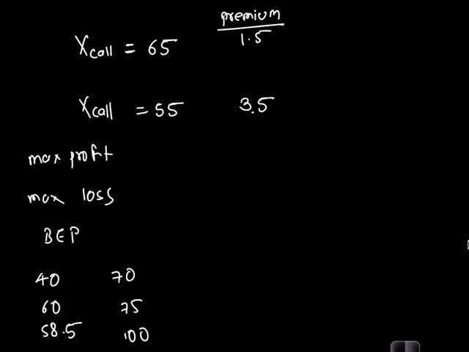So for those of you who are finding this difficult, if you get a scenario like this on the exam, what you can write is something like this. You can say we have to, write it this way, we can buy at 55 and we have to sell at 65.